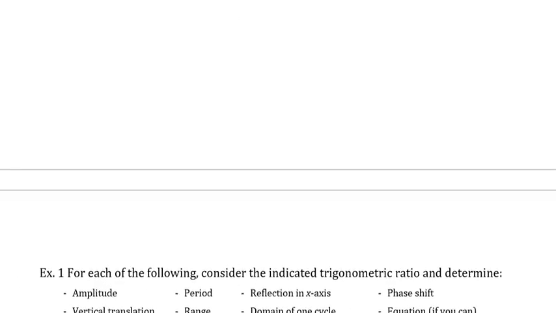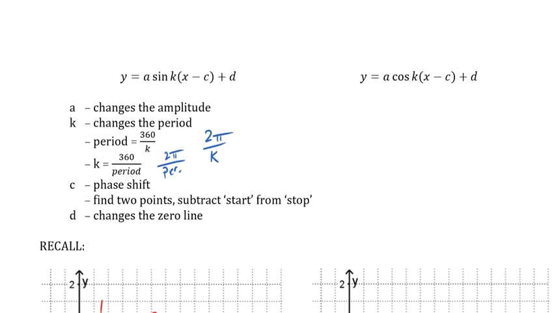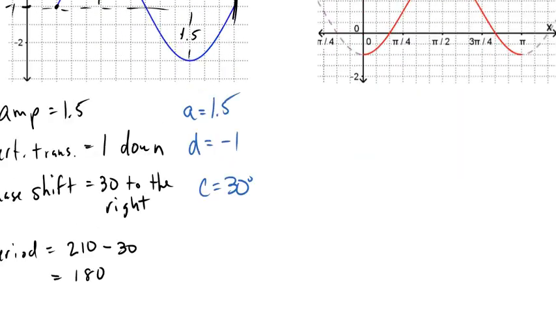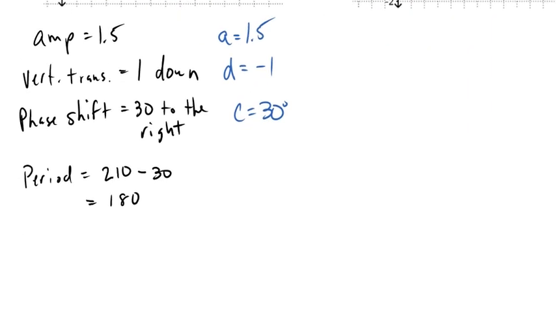And when I go up, it's minus C, so it's going to look like minus 30. That's why minus 30 goes to the right. Okay, but C is still positive. And the period is going to give me k, but k, remember, is equal to 360 divided by the period. So that's 360 over 180, which is 2.